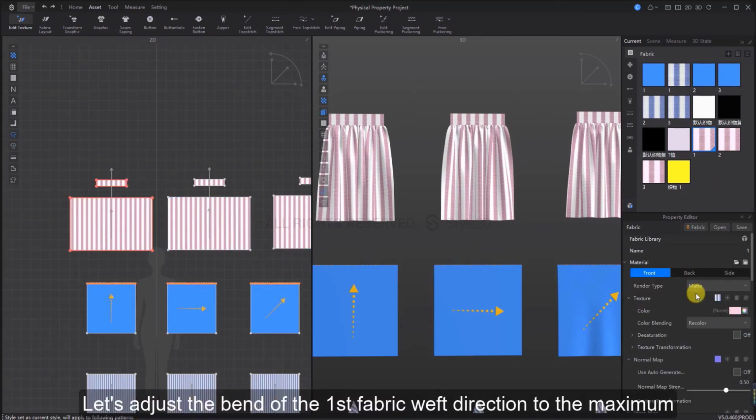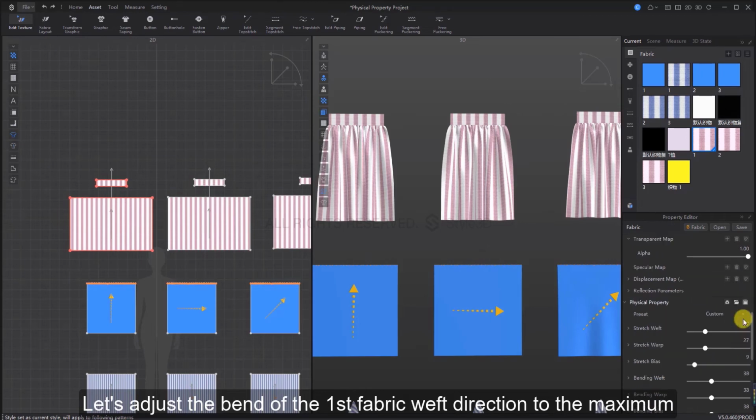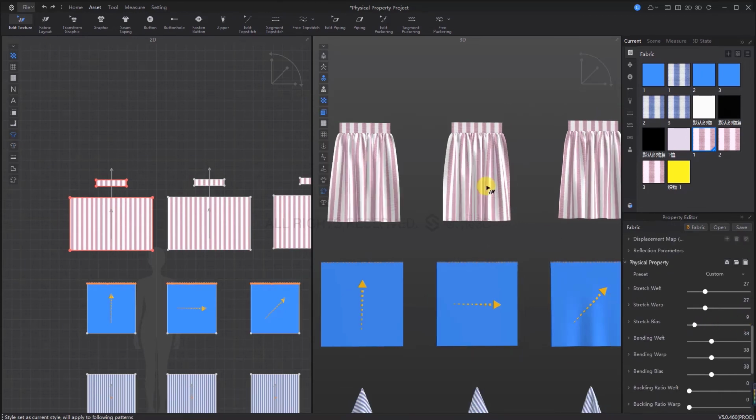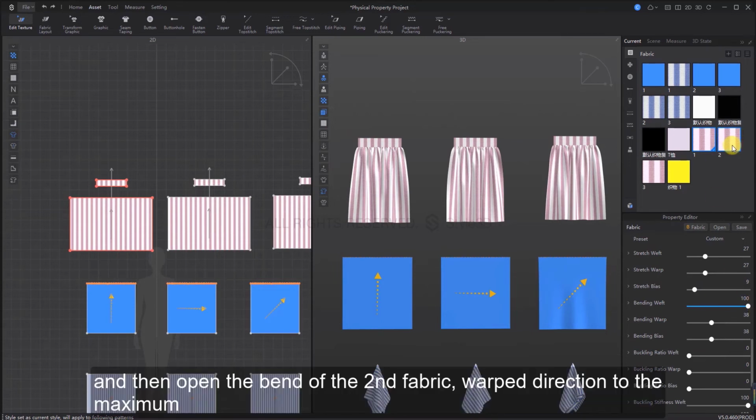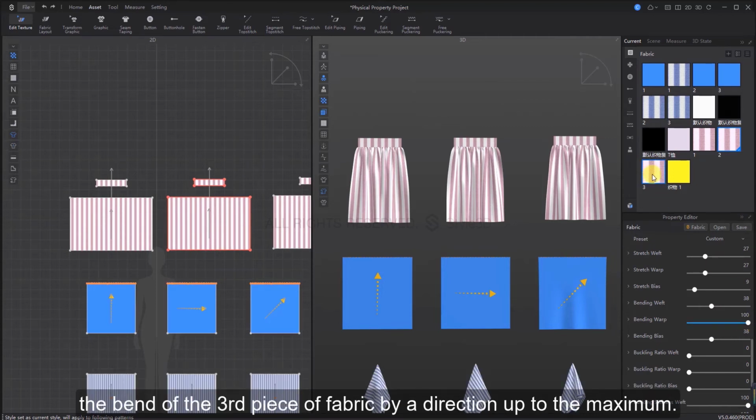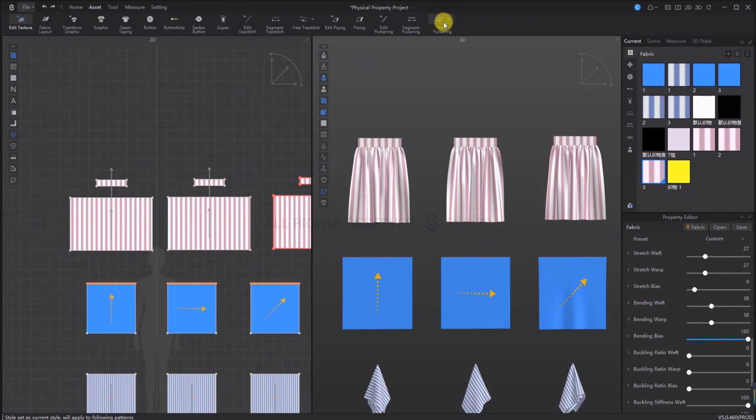Let's adjust the bend of the first fabric weft direction to the maximum. And then open the bend of the second fabric warp direction to the maximum. The bend of the third piece of fabric bias direction up to the maximum. Okay.